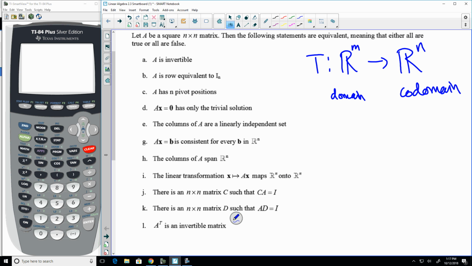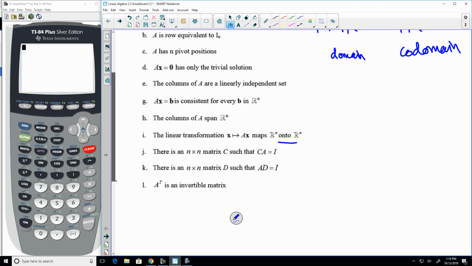The range was the actual vectors that this transformation maps into. Well, if A is invertible and it reduces to the identity and all that other stuff, that means if you're multiplying A times x, because it spans Rn, this codomain is also the range. There's nothing in the codomain that's not also in the range. Those two are the same. So that's why when we write onto, that means it covers the entire space. So the range covers the entire codomain, right?